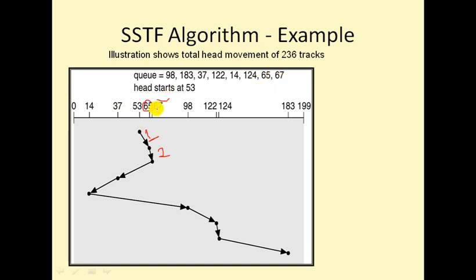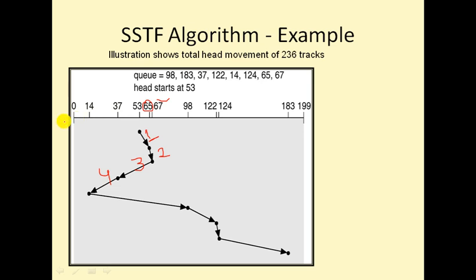From 67 I can go to 98, because 98 is in the queue, or I can go to 37. The nearest track is 37, so I choose 37, and this is my third move, from 67 to 37. From 37, the nearest track available is definitely 14. So this is my fourth move.